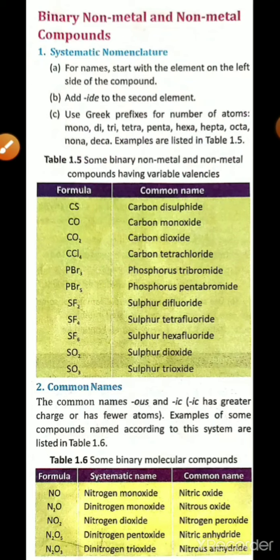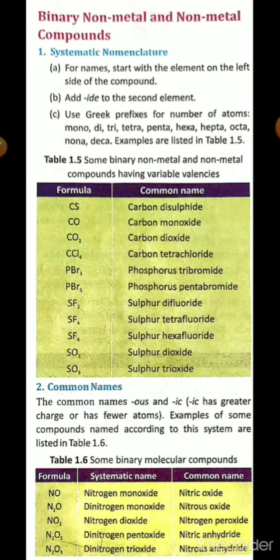Okay, then some binary non-metal and non-metal compounds having variable valence. So tell me students, why should we write the metals first? We can write the non-metals first also, but why should we write the metals? Okay, so listen.